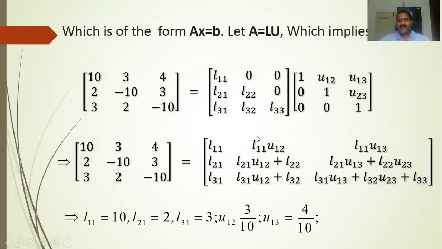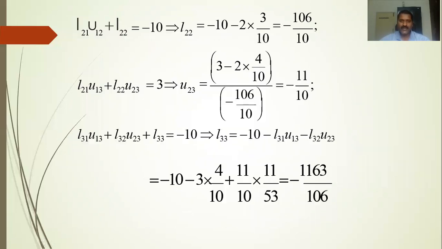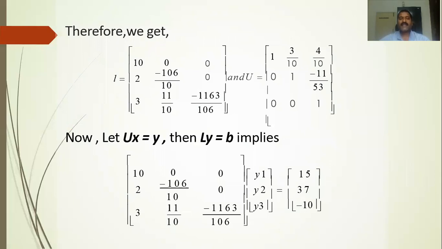Plug in this L11, and it's simple algebra. You do all the steps, substituting slowly. Here I have done all the algebra. So I got L22. Similarly, you get L23 and L33 and so on. So finally, I got my L. This is my L, and I got my U. This is my upper triangular matrix. That's how we decompose.